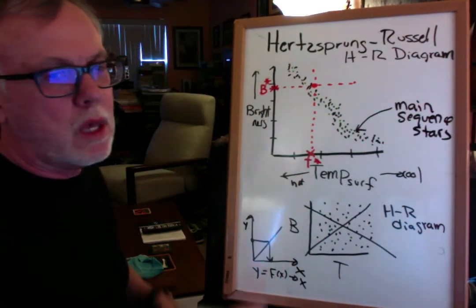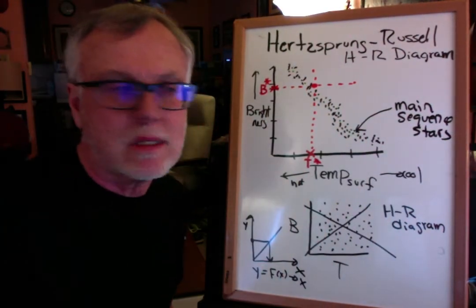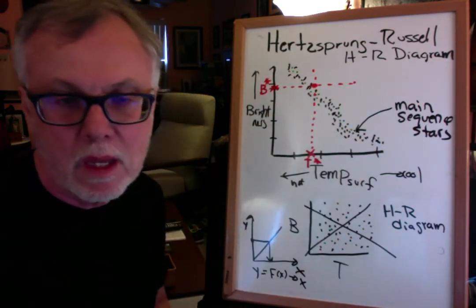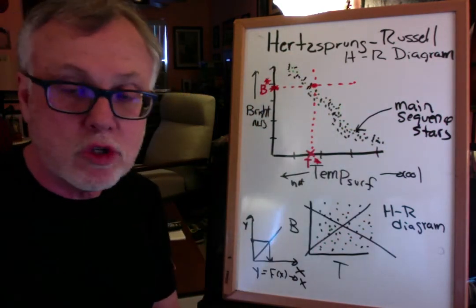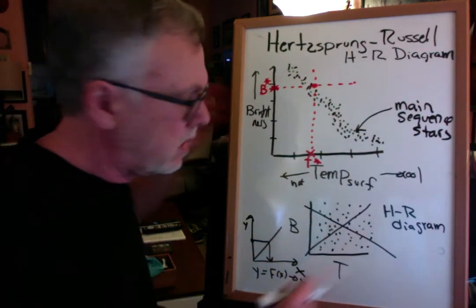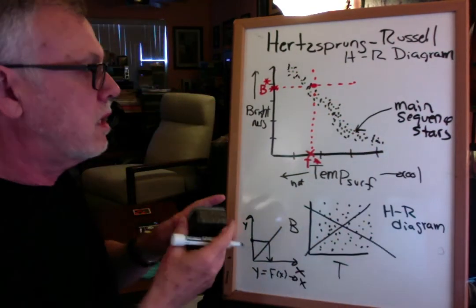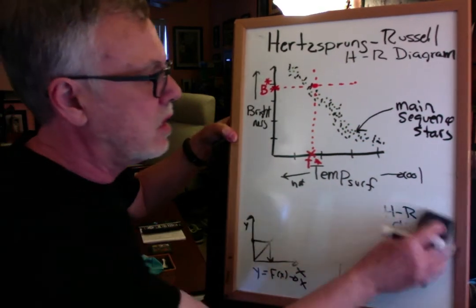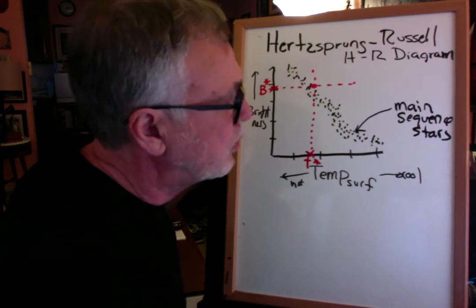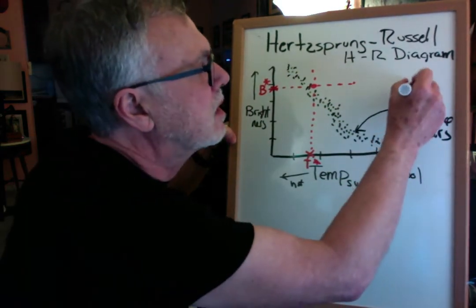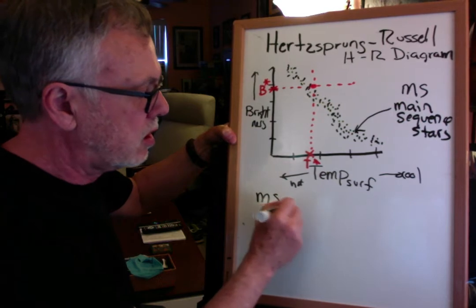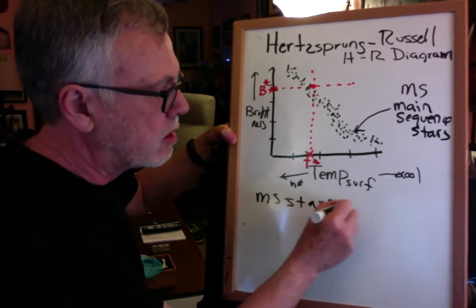The stars along that area that we call main sequence are just normal stars. Let me go ahead and erase this area right here. I'll put main sequence as MS. Main sequence stars are just normal stars.